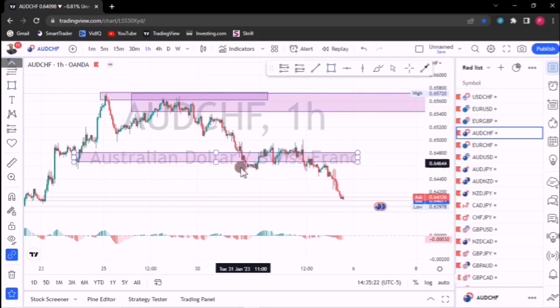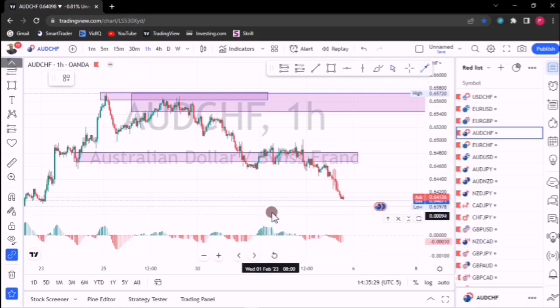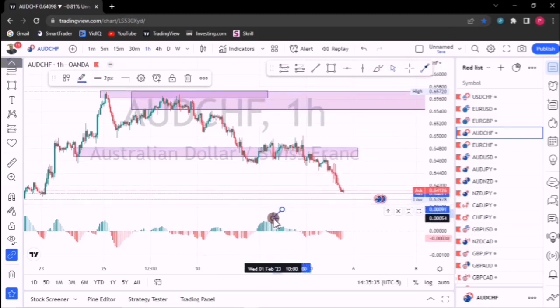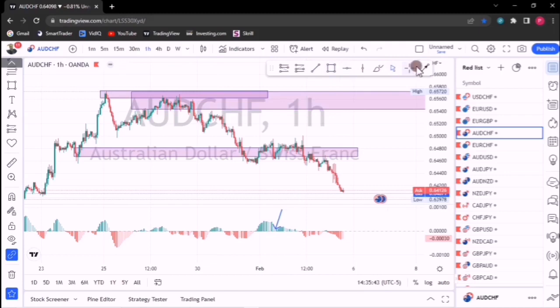When price made it through this key level, you could have waited for that pullback on the MACD, and when the MACD started fading right here, you could have found a sell entry anywhere at this point, or wait for price to come below right at this pullback, which is below the key level.